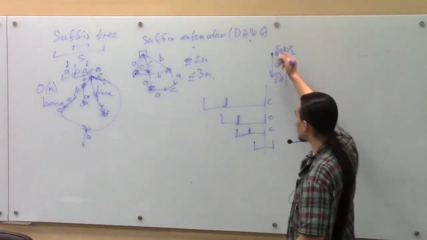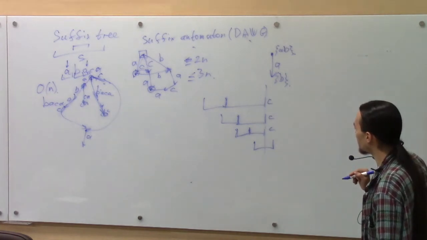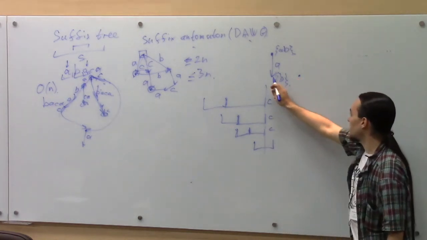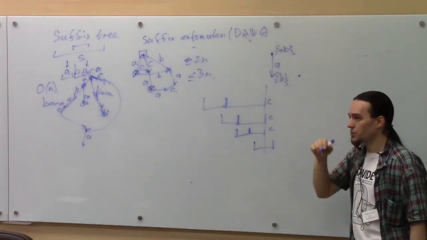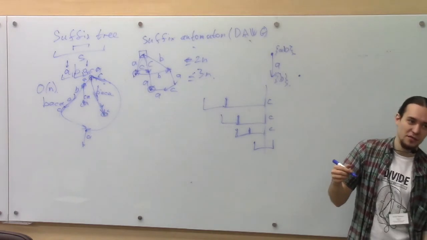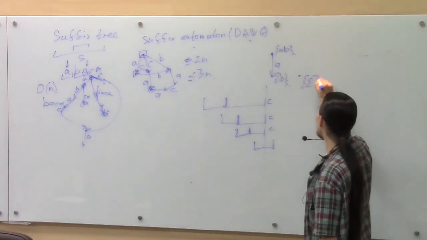So here is what happens, and we can see that nothing much happens, except we should create the new vertex that corresponds to the trivial right context, which is just the empty string. This always happens.